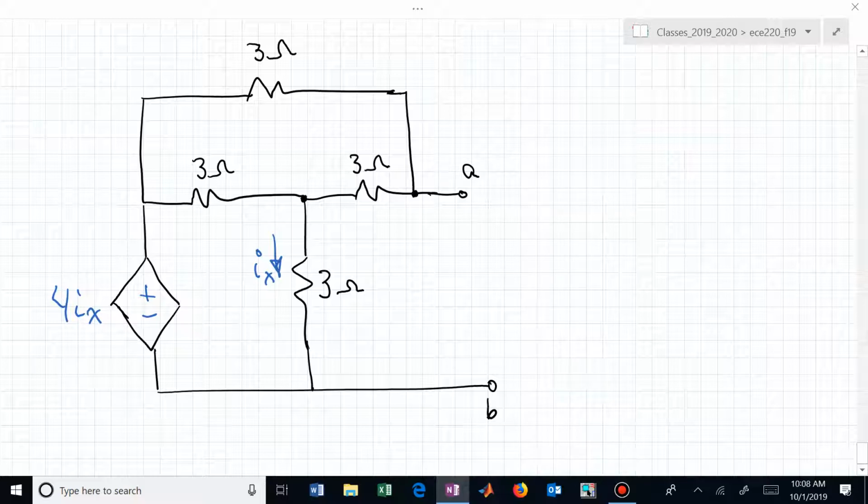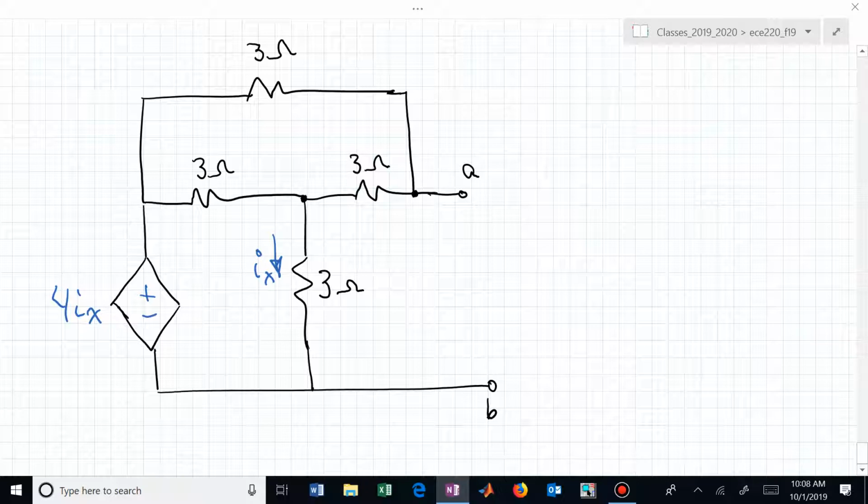We might start looking at it and saying, okay, do we have any independent sources? So now we've raised a flag, haven't we? Can we do the first strategy, method 1? I didn't tell you what method we were going to use. Method 1, we need V open circuit and we need I short circuit. What's V open circuit? What's the voltage across A and B? Is there any energy in this circuit? No, there's a dependent source and there's no independent source. The voltage across AB is 0.